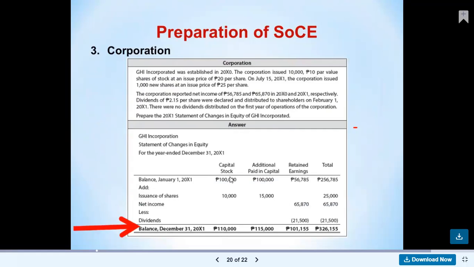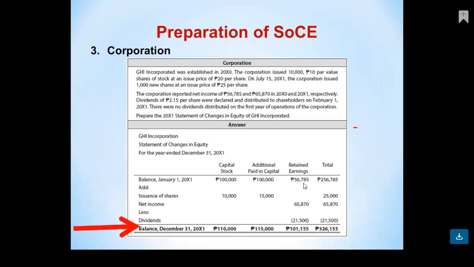So we have the capital stock, additional paid in capital, retained earnings, and total. Beginning balance as of January 1, 2001. We have 100,000 capital stock. We also have 100,000 paid in capital, and we also have retained earnings of 56,785.